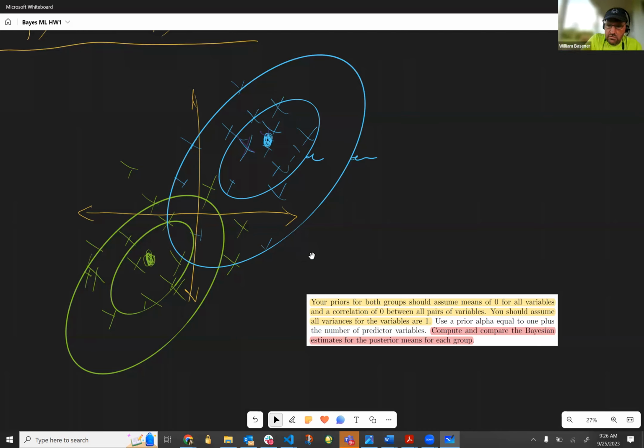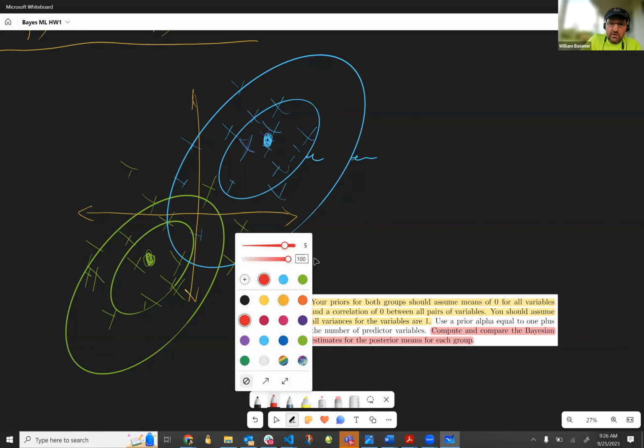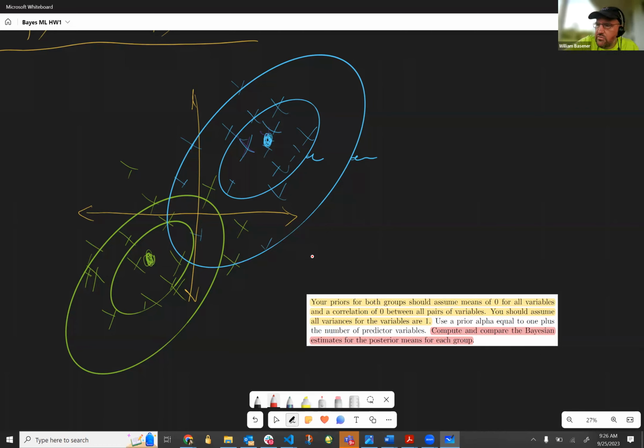So this is our prior. You pick a nice color for the prior that's contrasting these. I guess I can do red because my classes are blue and green. Blue is coronary heart disease positive. Green is coronary heart disease negative. So I'm going to write my prior in red.